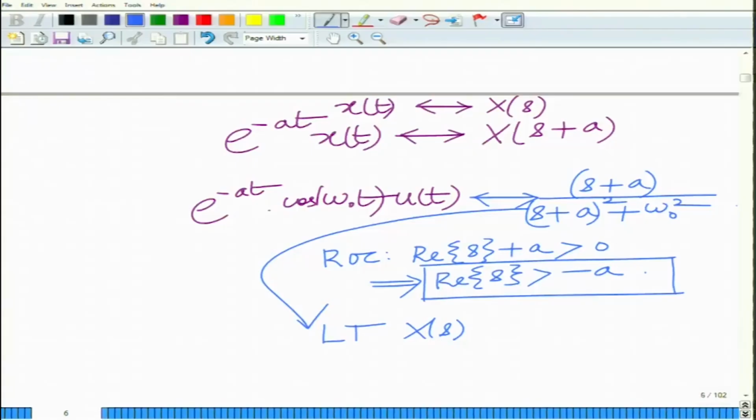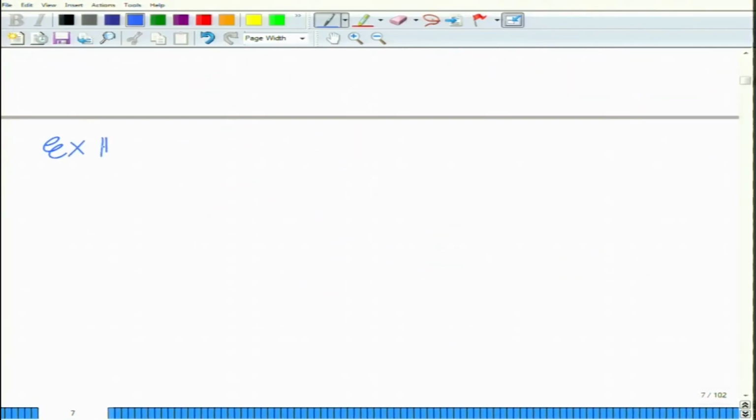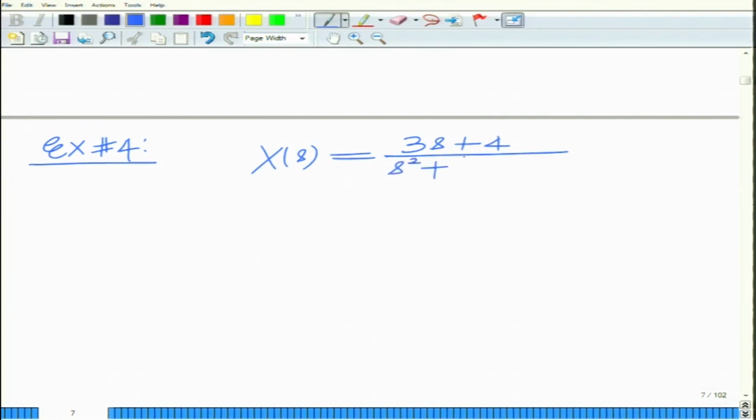Okay. All right. Let us now do another problem. Given the Laplace transform X(s) equals 3s plus 4 divided by s square plus 3s plus 2, the ROC is real part of s less than minus 2.